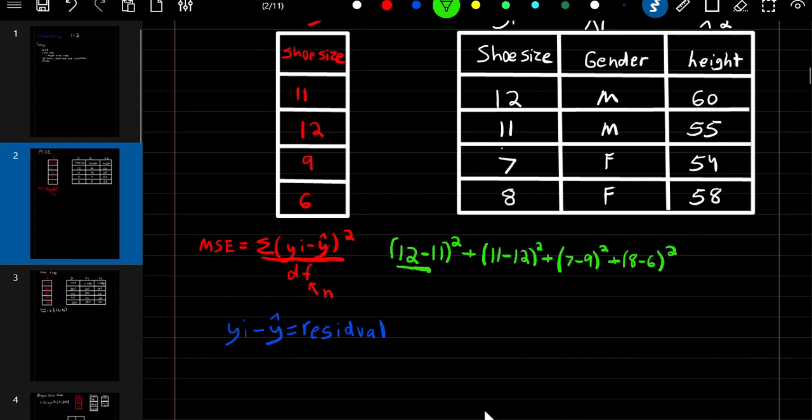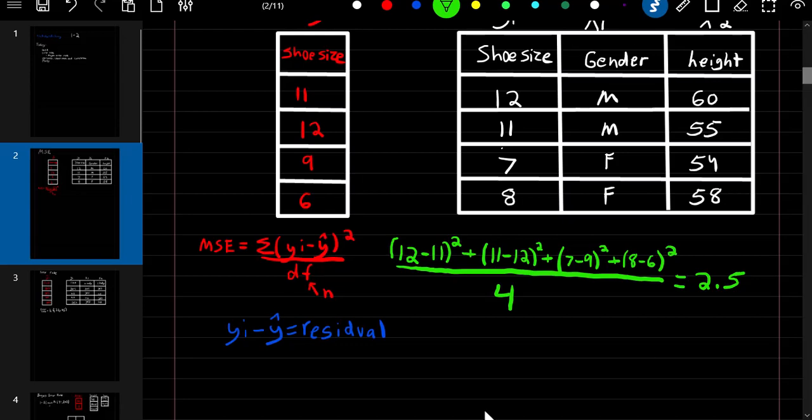And then divided by the degrees of freedom, which we said we're just going to use n, which is the number of observations. So it's going to be 1, 2, 3, 4. Solving for this, we get a value of 2.5. Our goal is to minimize the mean squared error, so a smaller value means a better model.